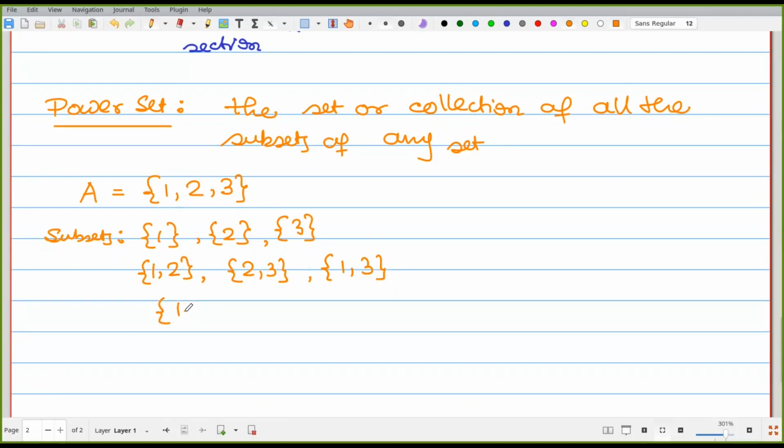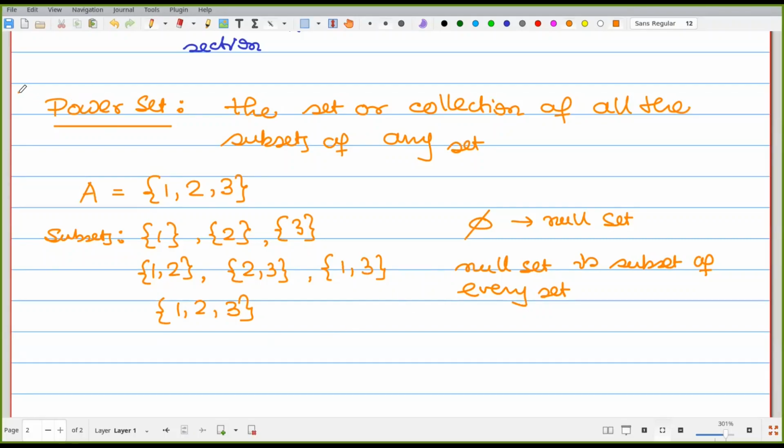Another subset may be {1, 2, 3}. So what is the total number of sets we have found until now? 1, 2, 3, 4, 5, 6, 7. But there must be another subset, that is the null set. Why? Because the null set is a subset of every set.